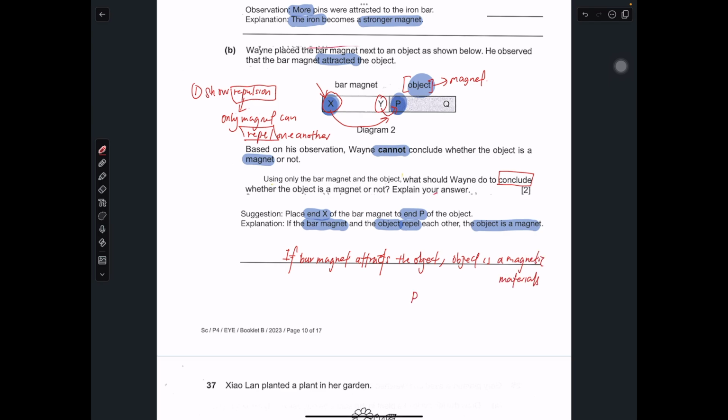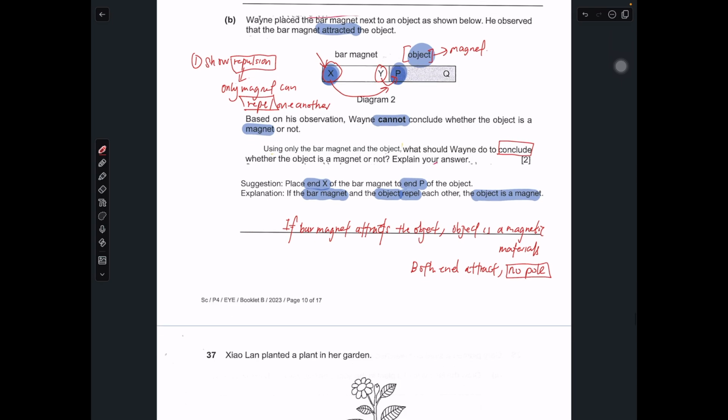Because both ends attract, it shows that there is no pole. Okay? An object that was attracted to both sides, right, is not a magnet. It's most likely a magnetic material because it got no pole to begin with as well.